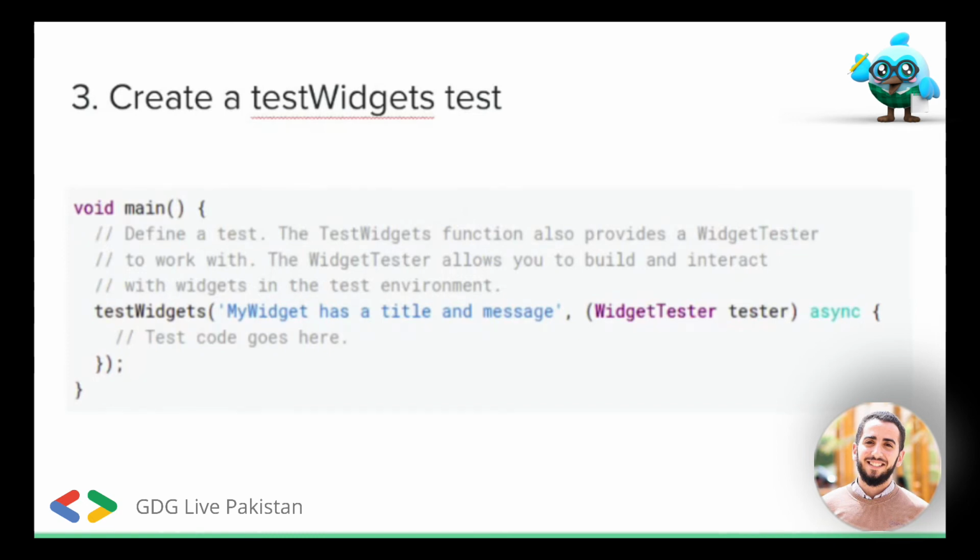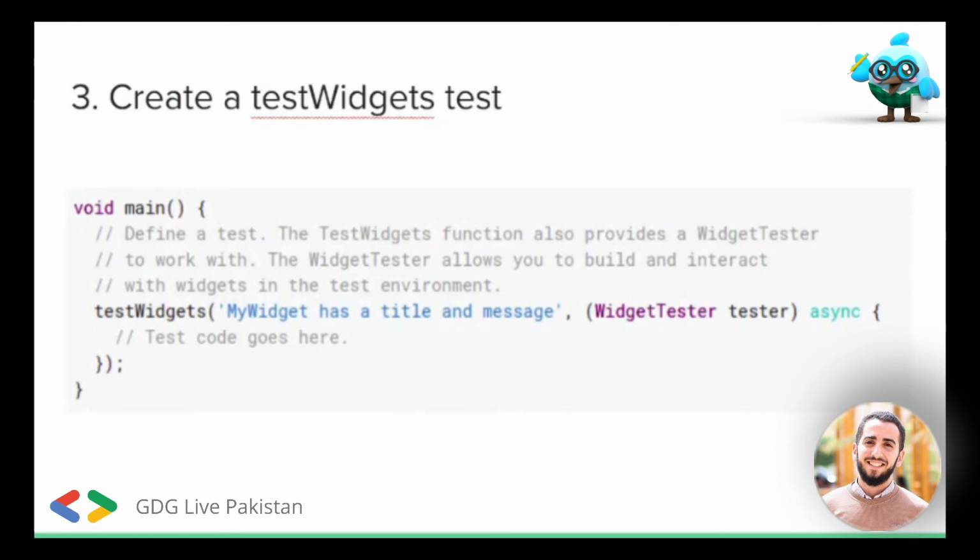The third step, we need to create a testWidgets test. With a widget to test, begin by writing your first test. Use the testWidgets function provided by the flutter_test package to define a test. The testWidgets function allows you to define a widget test and creates a WidgetTester object to work with.